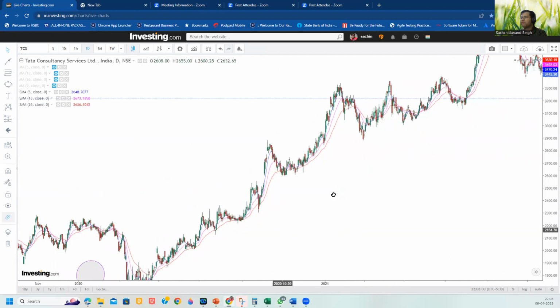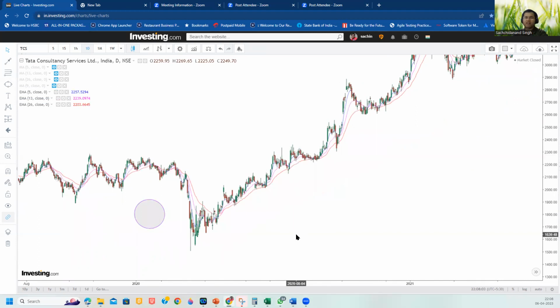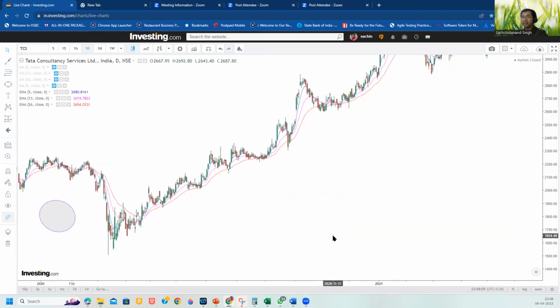So if someone is aware of this simple concept, one could have taken a long entry for investment purpose. You can even take a positional trade, or somebody can take a trade for a few days to a few weeks.